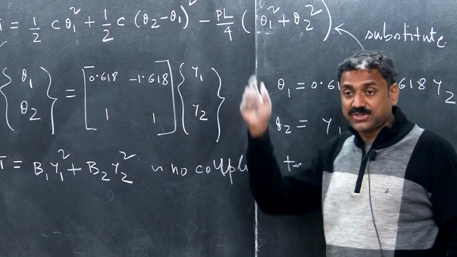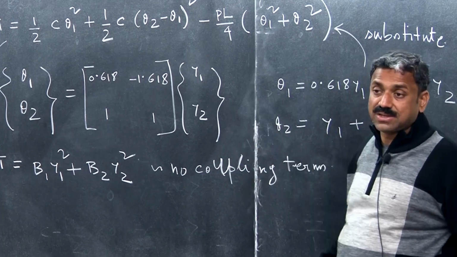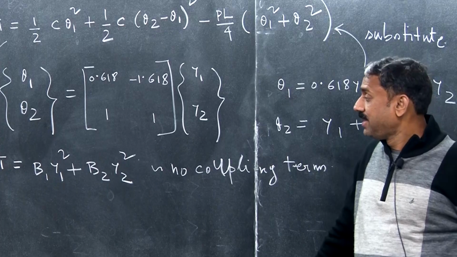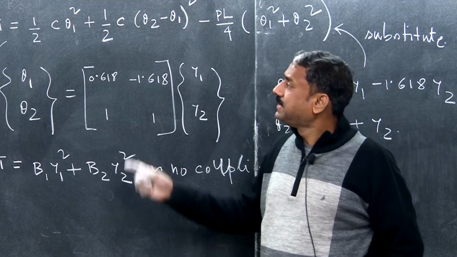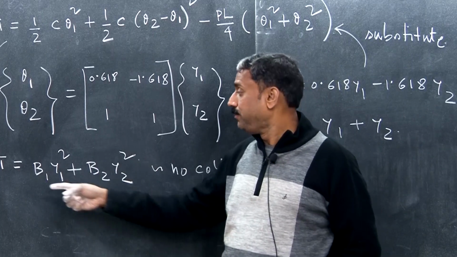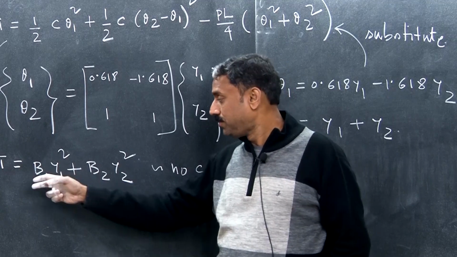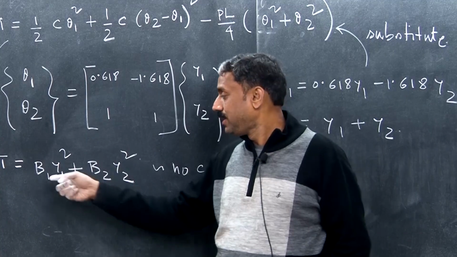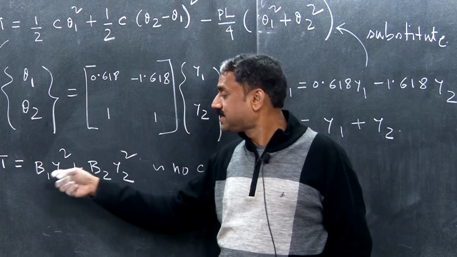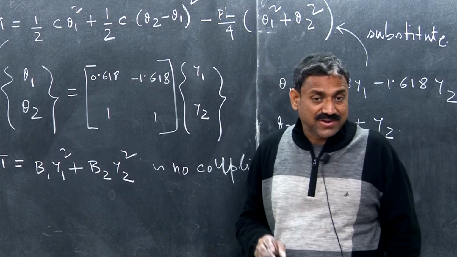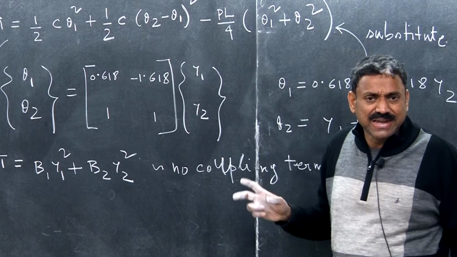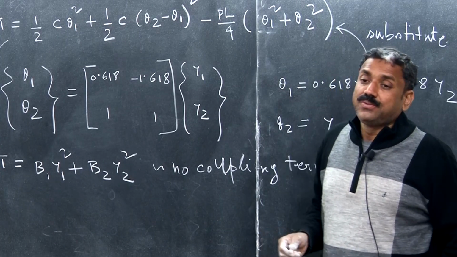Here, because that was a generalized eigenvalue problem, while here it is just a normal eigenvalue problem. So what is happening? b1, b2 may or may not be positive, but for this linear system they will be constants.